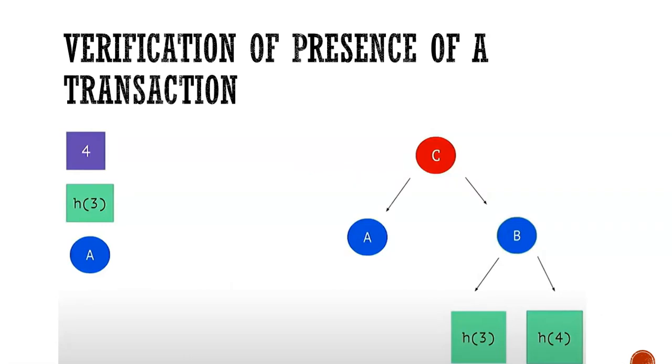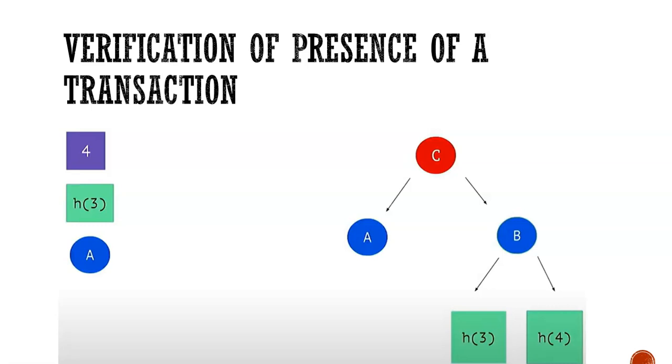When I want to claim that a particular transaction is part of a block, I don't want to give the entire block's data. It is enough to share only certain details from the entire Merkle tree. Let us see what are the details that we want to share. Now, I'm going to prove that transaction 4 is part of the Merkle tree.